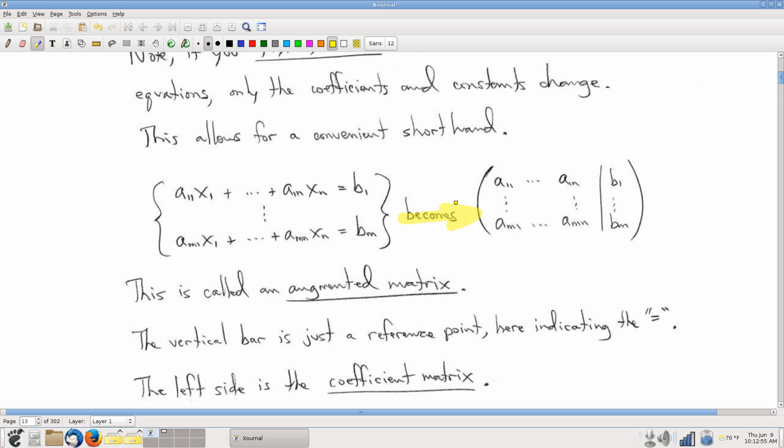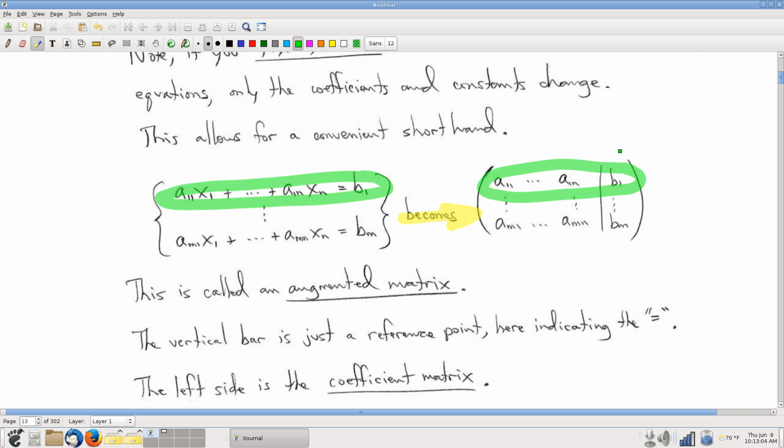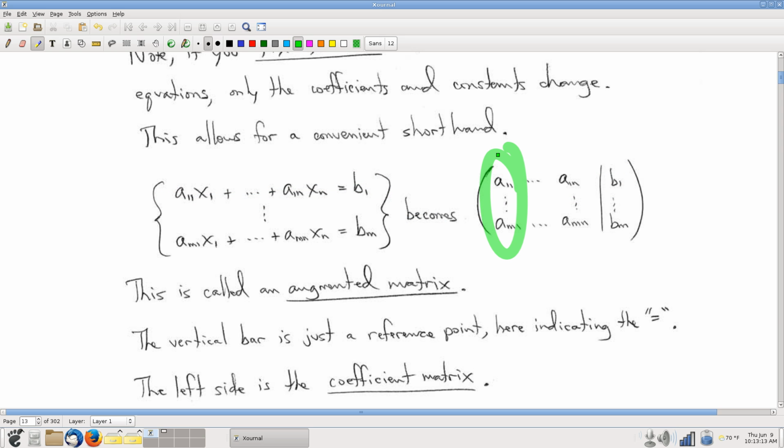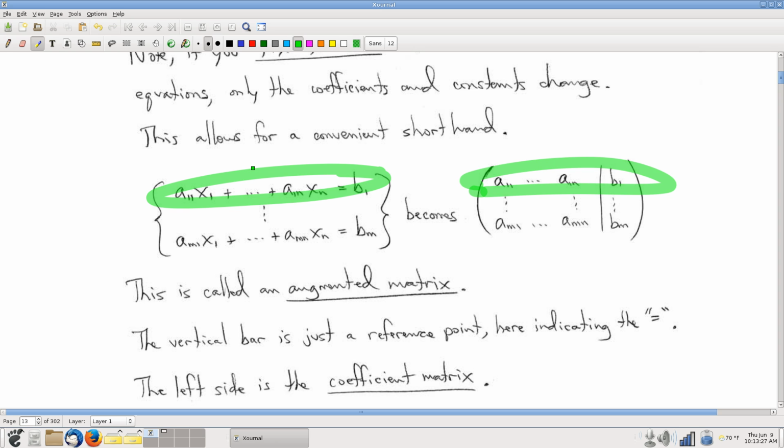Okay. All right. So, last observation that I want to make about this shorthand is notice that once you've made this shorthand, what had been an equation within the system, its shorthand is as a row of the matrix. So, something to keep in mind as you go along, columns correspond to the various coefficients in the various equations of a given variable. So you might say columns correspond to variables, and rows correspond to equations.